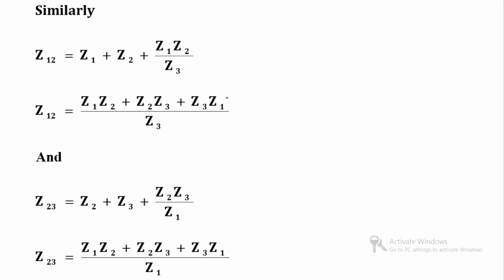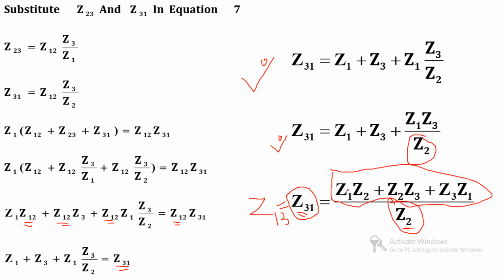Clear? You can observe over here the multiplication of Z1 Z2, Z2 Z3 and Z3 Z1. Similarly, you can see over here also, and over here also Z1 Z2, Z2 Z3 and Z3 Z1, the addition of all the three multiplications of impedance.